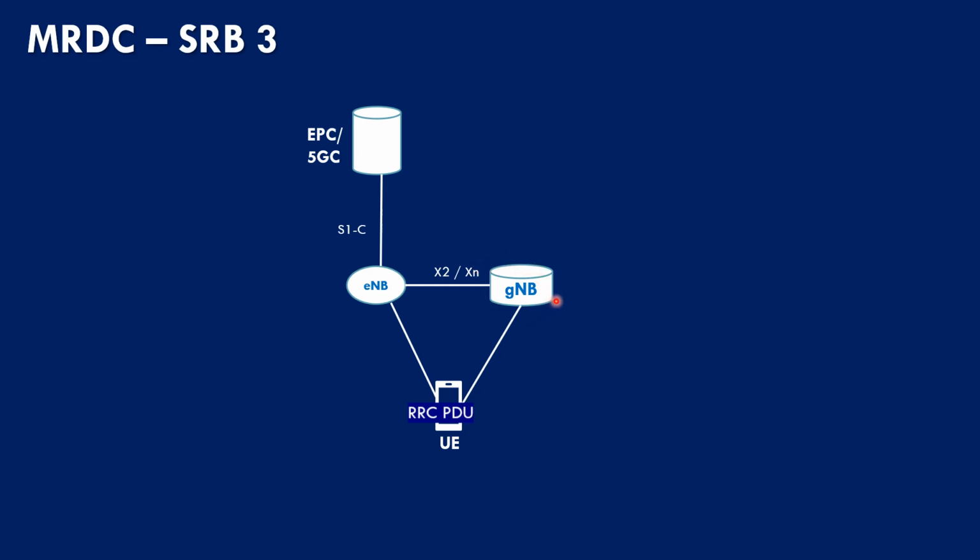In which cases do we have the SN as G node B? ENDC, NGENDC, and NRDC. All these cases have the secondary node as G node B. SRB3 enables RRC PDUs for the secondary node to be sent directly between the UE and the SN.